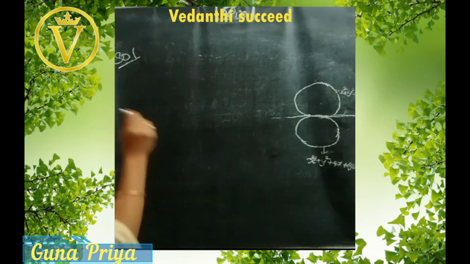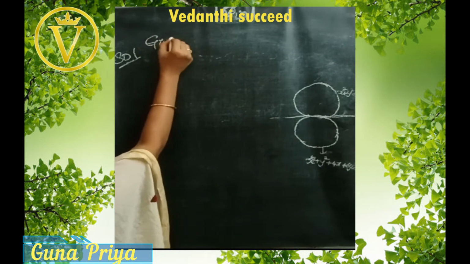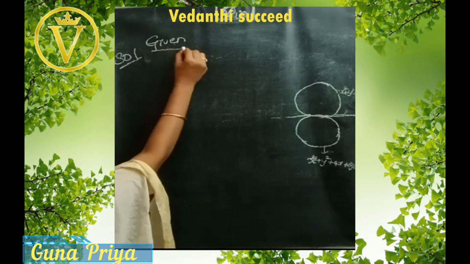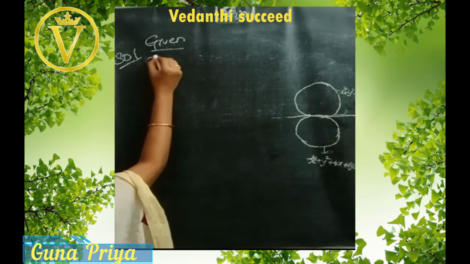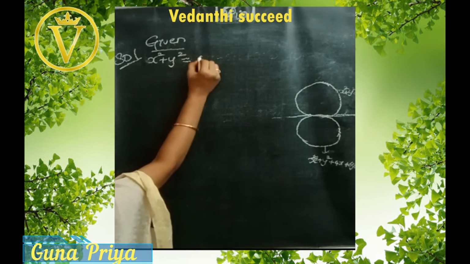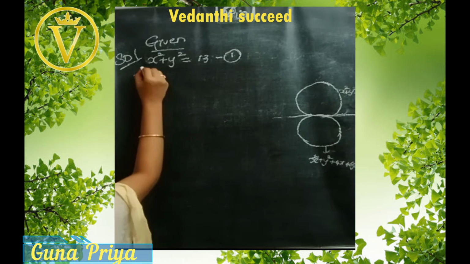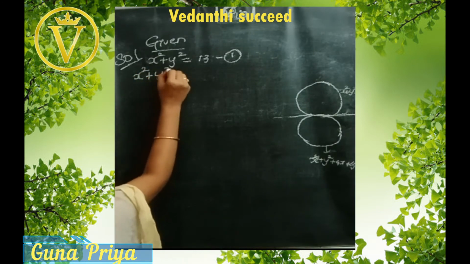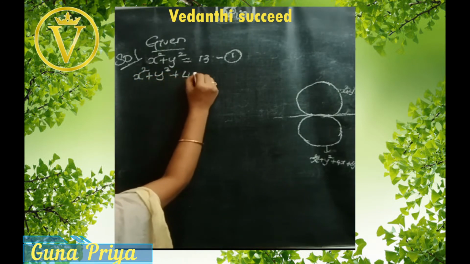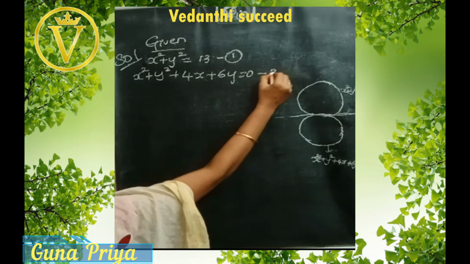First, we will write what is given. The first circle is x square plus y square equals 13. Now the second circle is x square plus y square plus 4x plus 6y equals 0.